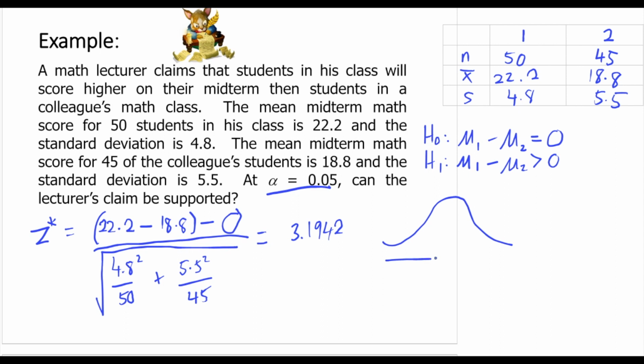Next is the rejection region. And because the sample size is large, we are definitely using the standard normal distribution. We have a right tail test. Alpha is 0.05. Let's find the critical point. So when alpha is 0.05, the probability towards the left is 0.95.